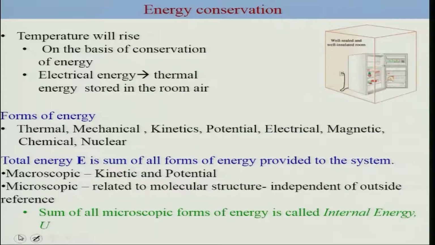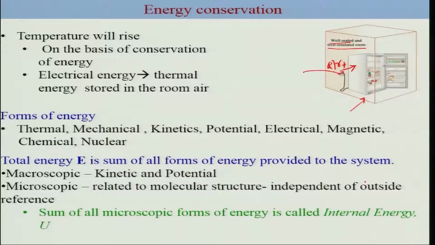So let's take an example of this. This is a refrigerator which you have opened the door of in a room, and then what you have done is you have well sealed and insulated the room. So what you have is a system which contains air plus this device, which is the refrigerator, and the boundary of course is the walls of the room, and then you have this interaction with the surrounding through this electrical point.